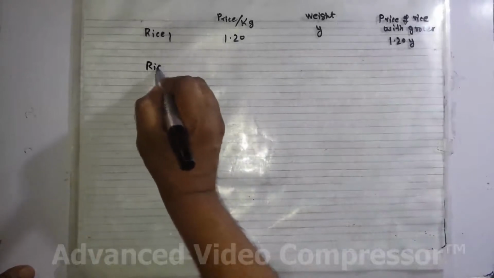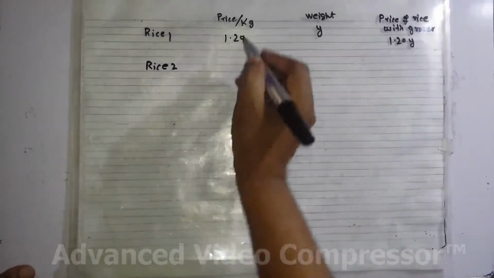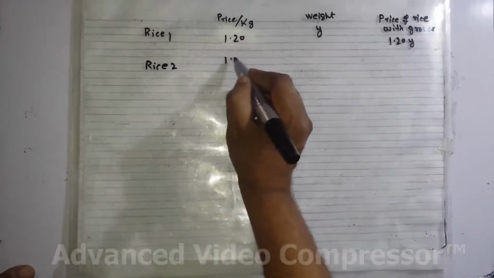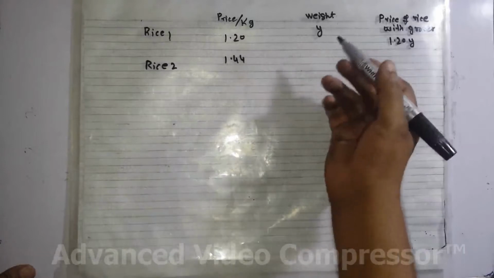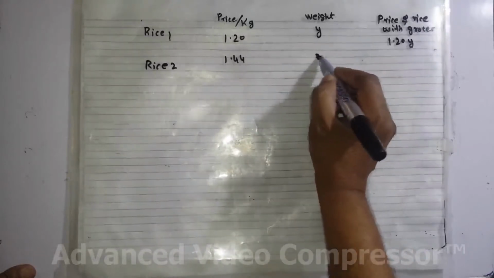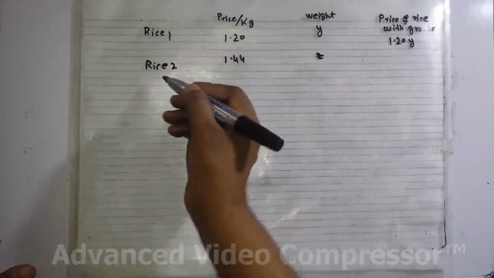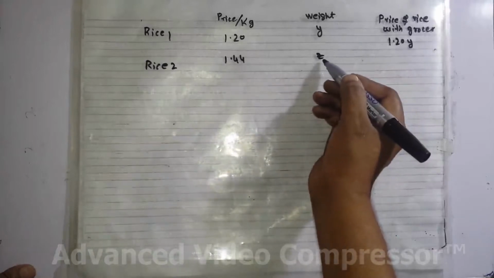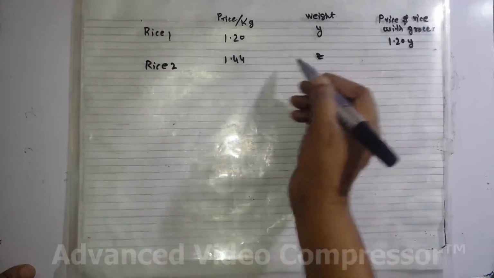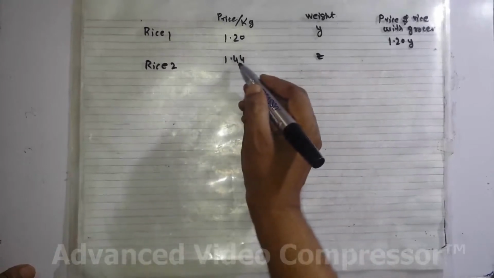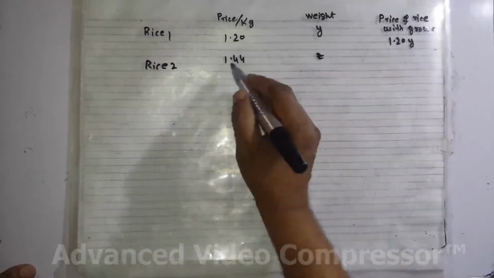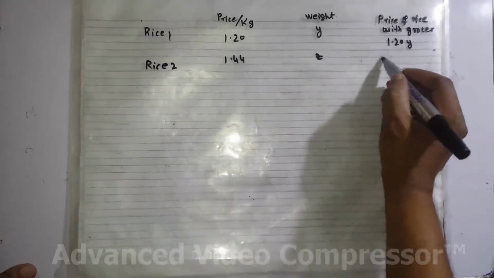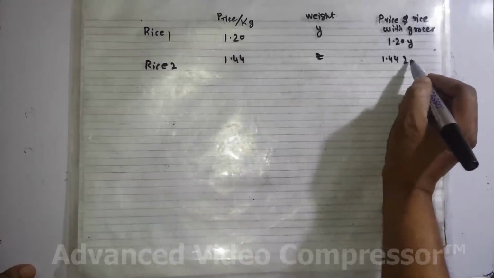Rice type 2, its price per kg has been given as 1.44 rupees per kg, and suppose that he has z kilograms of that type. Again we can calculate the price for that weight by multiplying it with the price of 1 kg. So the price of that weight will become 1.44z.